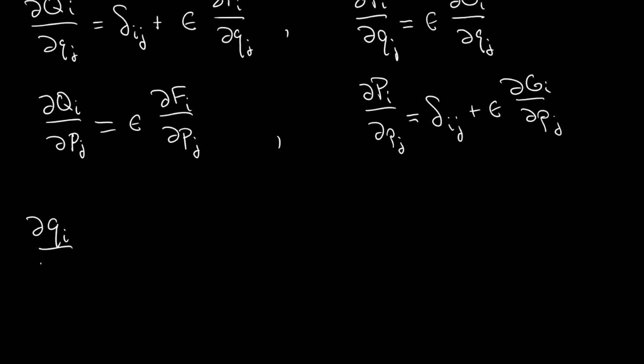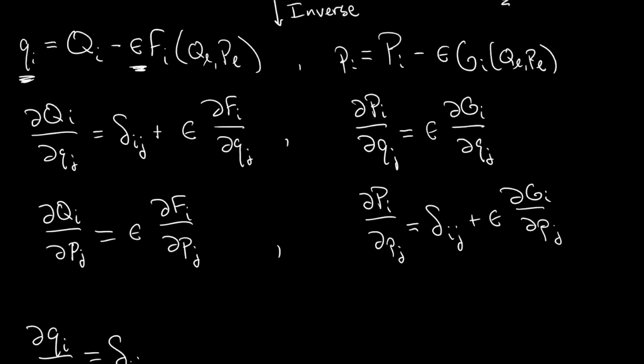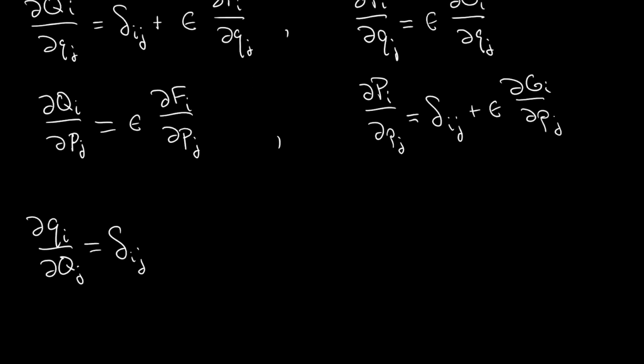Just start simple, this guy. Again, I get a Kronecker delta term when I just try to take the derivative of big Q with respect to big Q. And now I get minus epsilon df sub I d big Q sub j.